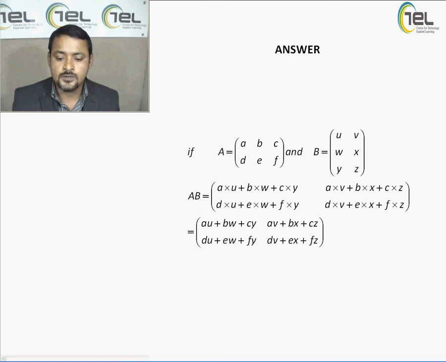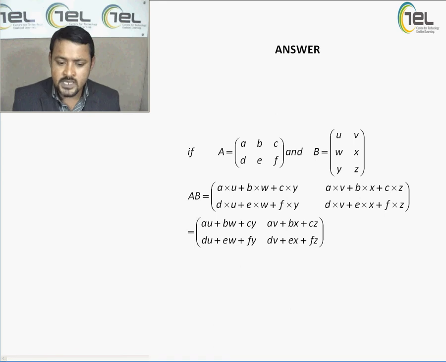Next we multiply D, E, F with V, X, Z: D into V plus E into X plus F into Z. Adding them all together, we get the resultant answer: first row AU plus BW plus CY, AV plus BX plus CZ; second row DU plus EW plus FY, DV plus EX plus FZ.